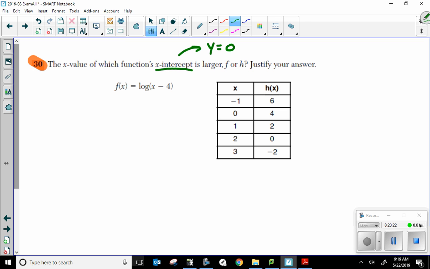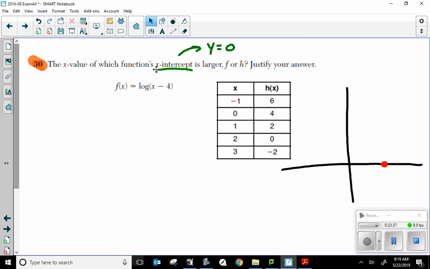What do I mean? If I have an axis here, an x-intercept is something that touches the x-axis. Let's say this is at 3. Let's put another one here at -1 and another one at -5. Okay, let's say we got 3 dots here.